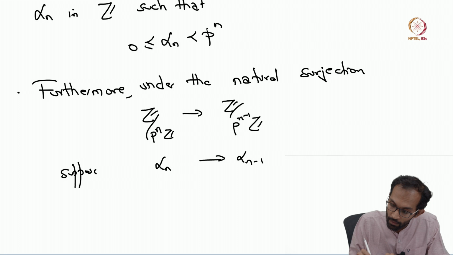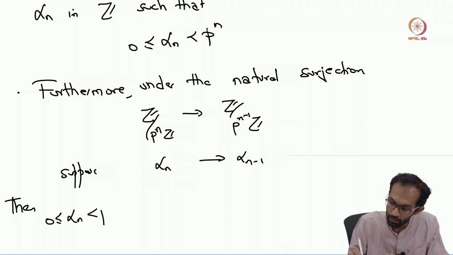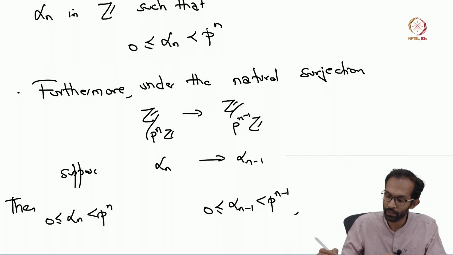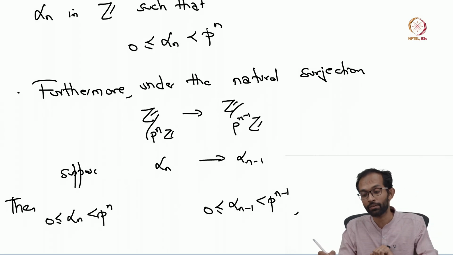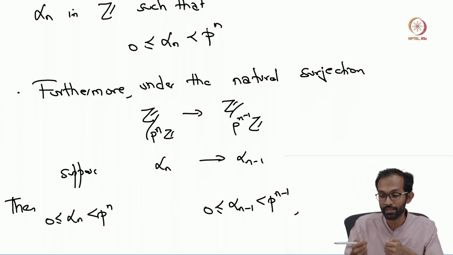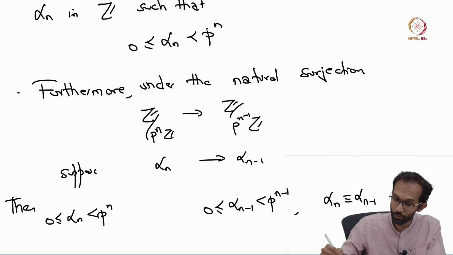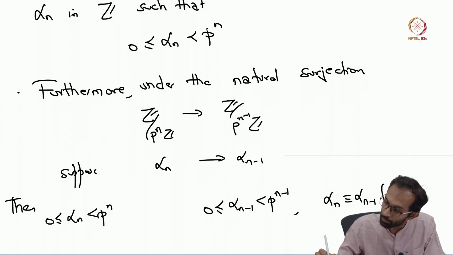Now what does it mean? My alpha_n is chosen to be between 0 and p^n. My alpha_(n-1) is chosen between 0 and p^(n-1). And if alpha_n maps to alpha_(n-1), they belong to the same congruence class in Z mod p^(n-1). So that just means that alpha_n is congruent to alpha_(n-1) modulo p raised to n-1.